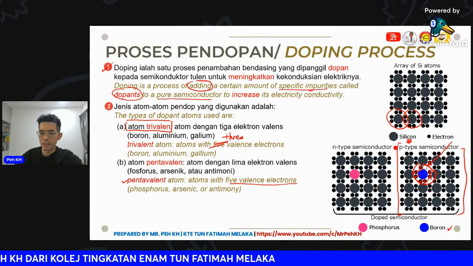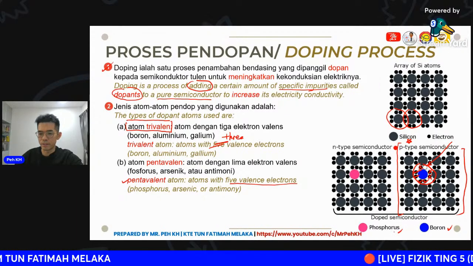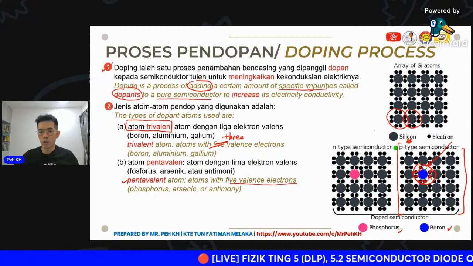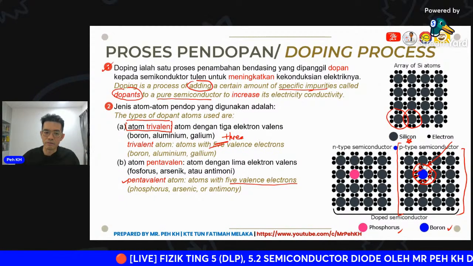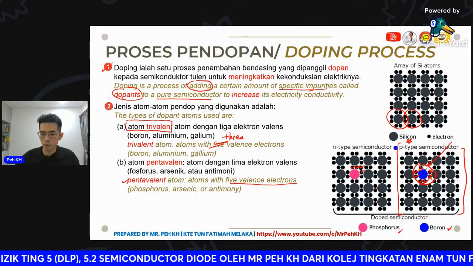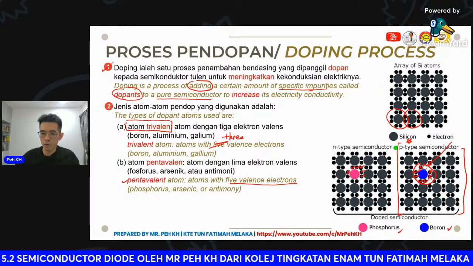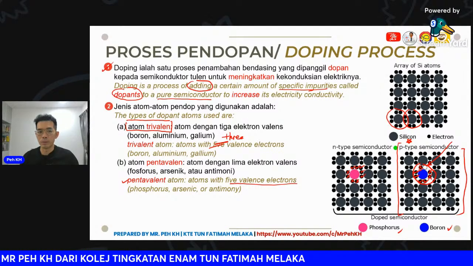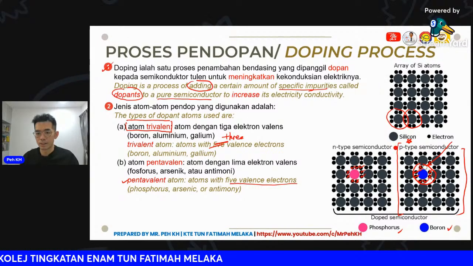The pink colored atom here shows the atom of phosphorus. As mentioned, phosphorus comes from group 15, so it has 5 valence electrons: 1, 2, 3, 4, 5. Another 4 valence electrons come from the pure semiconductor or silicon here.